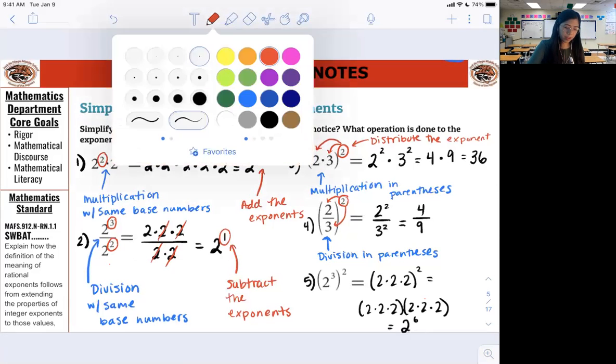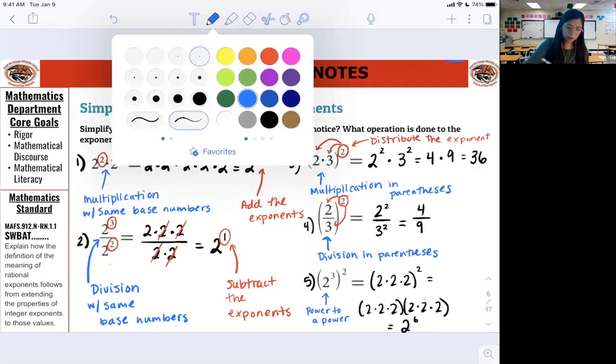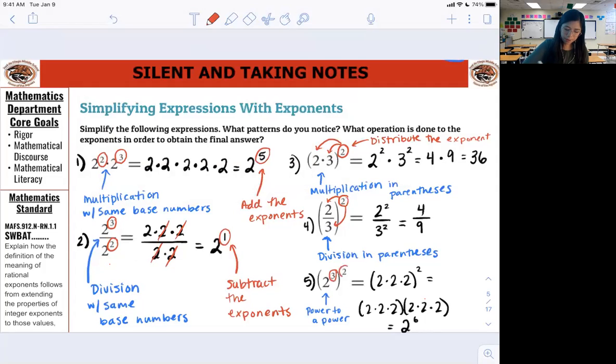So what was happening in the original? I had a power to a power. It was like a double exponent. I had a power, and then I was taking that power to another power. What happened between these two numbers, 3 and 2, became 6.